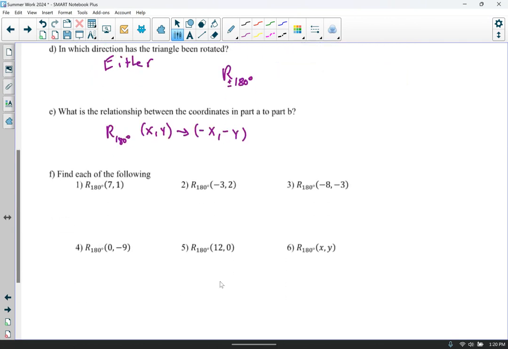And if I'm rotating an individual point down here, all I'm doing is just changing the signs of each of the coordinates, and that'll give me the location of the image after a rotation of 180 degrees. And obviously 0, you can't change the sign, it just stays 0. So this point would have been on the y-axis below the x-axis, rotate 180 degrees, it's on the y-axis above the x-axis.